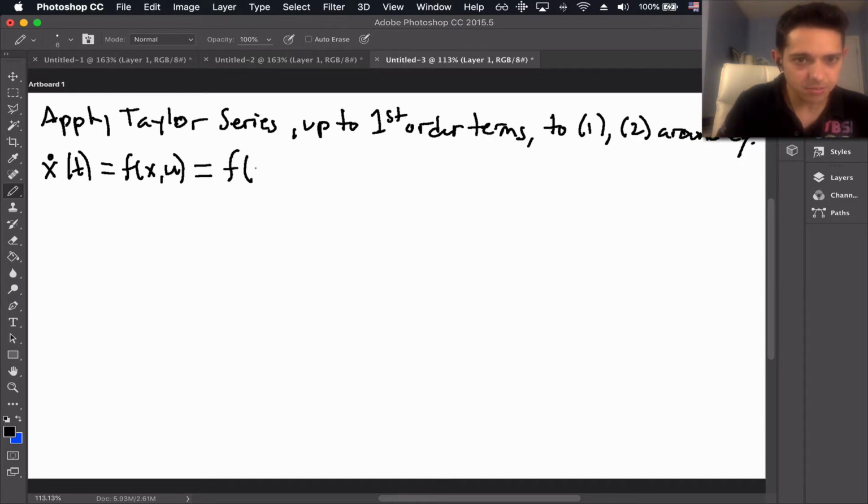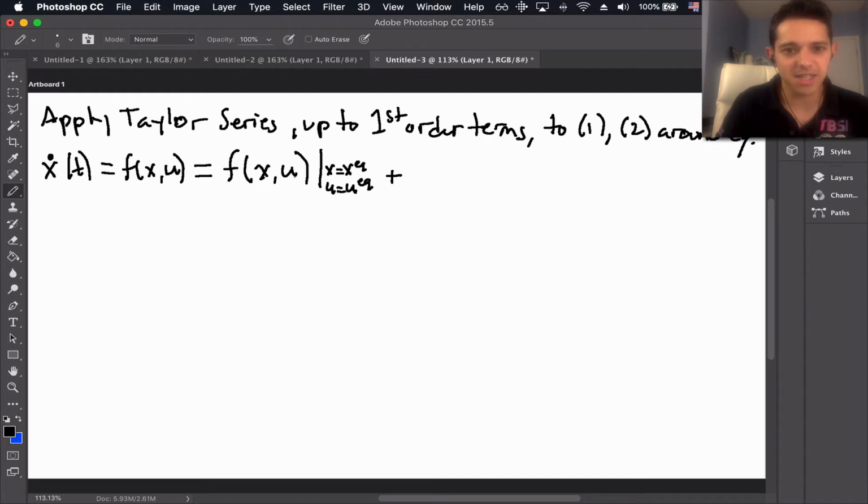First, we're just going to take f and evaluate it at the equilibrium values, that is xeq and ueq, okay? And that's the 0th order term. And then we have two arguments, x and u, so the first order terms are going to involve partial derivatives with respect to x and partial derivatives with respect to u. So let's go ahead and write that.